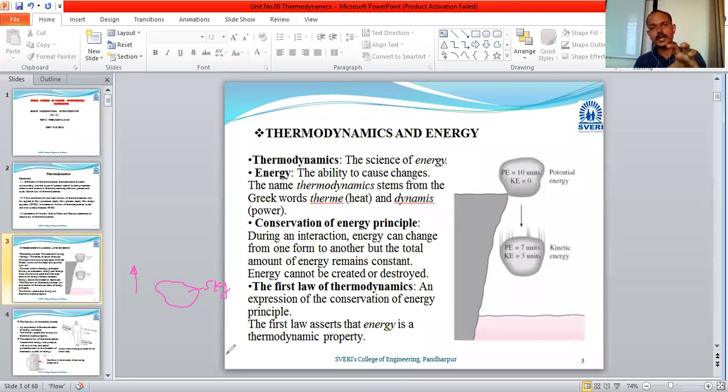See, thermodynamics is a very interesting chapter because each and everyone has their own views towards it. It is not like the previous chapters, the lathe machine and the drilling machine, where a turning operation means removing or reducing the diameter of the workpiece.